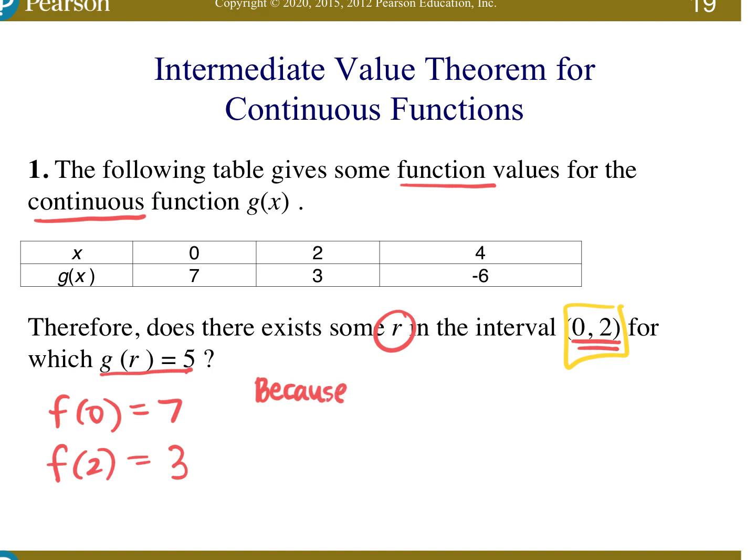because f of x, the function, is continuous. So I've said function, and I've said continuous.